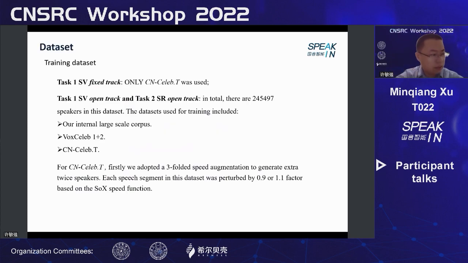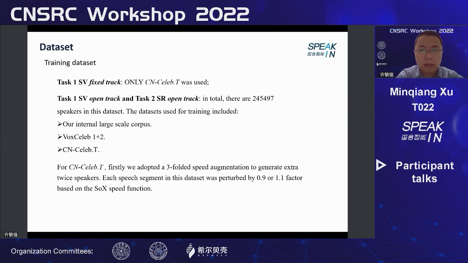For the task one fixed track, only the CN-Celeb dataset was used. For the task one open track and the task two SR open track, we use our internal large-scale corpus, which has about 200,000 speakers, and we also use VoxCeleb 1, VoxCeleb 2 and CN-Celeb.